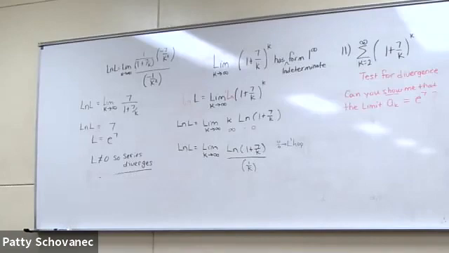A limit comparison test is going to be infinite. I tried the limit comparison test by taking my limit of my AKs over BKs. I'm going to have an infinite limit because the k grows faster than the log of k.